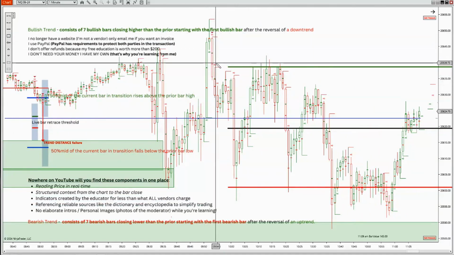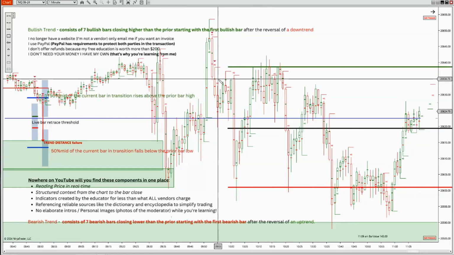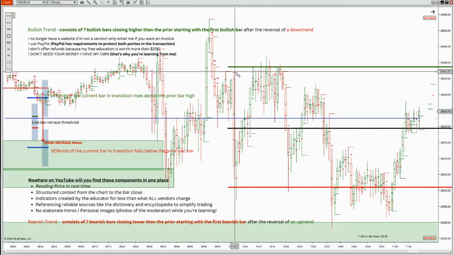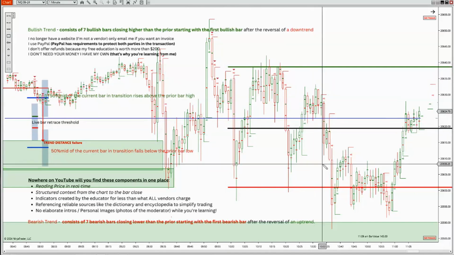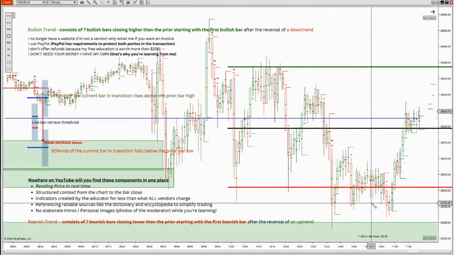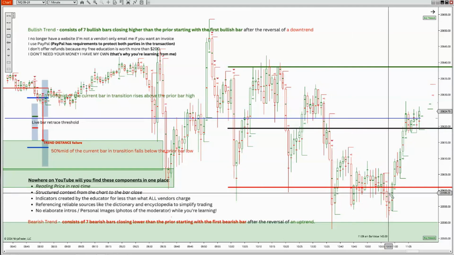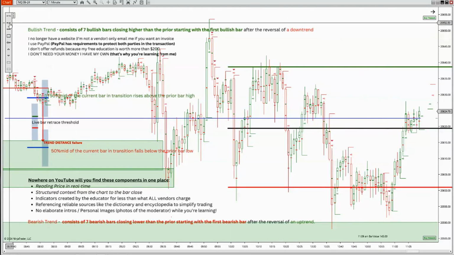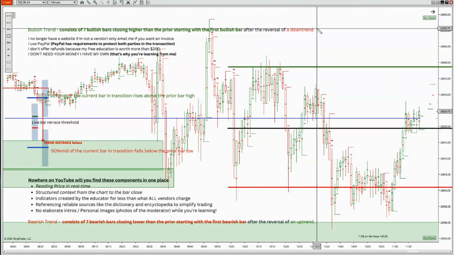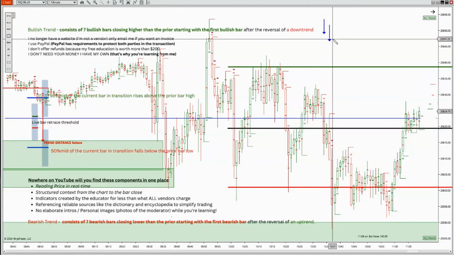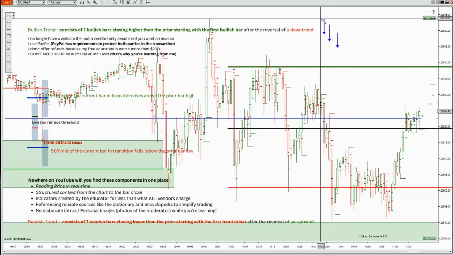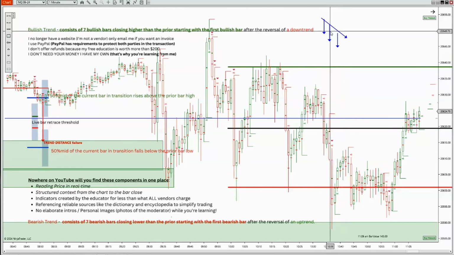That's 1, 2, 3, 4, and here's 5, and there's 6. Now off the high, let's put it all together. So off the high, we had this. We had that information there, and then we had our red bar.